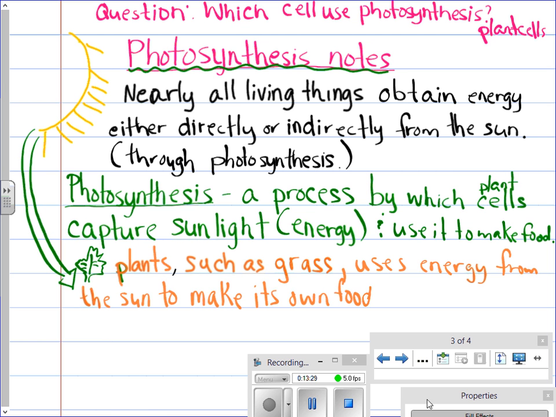Now, although it looks like I'm almost at the end of my page, I'm not, which means you shouldn't be. So please do not be writing very, very big. Things that make their own food. This is called an autotroph.